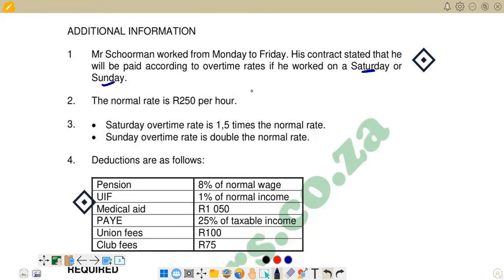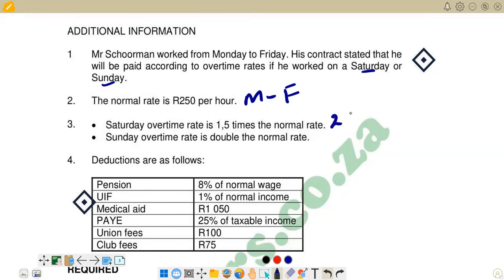So this normal rate applies from Monday to Friday. That's where we've got the normal hours. Then point 3 says the Saturday overtime rate is 1.5 times the normal rate. What does it mean? It means the Saturday overtime rate is 1.5 times the normal rate, which is 250.